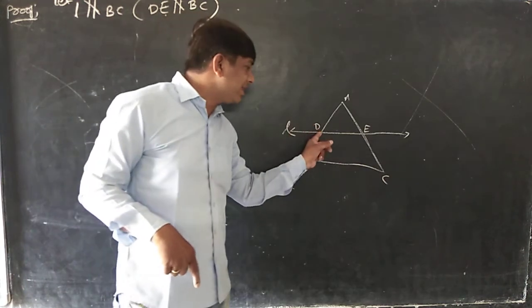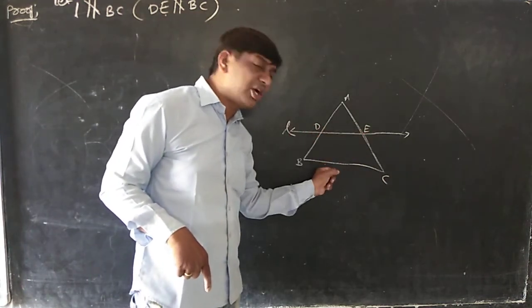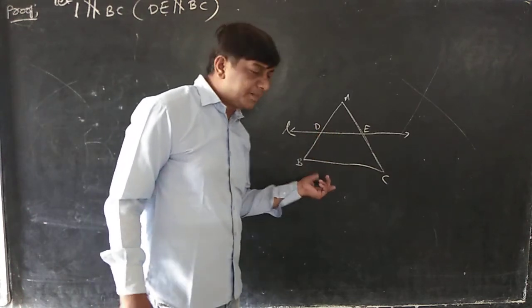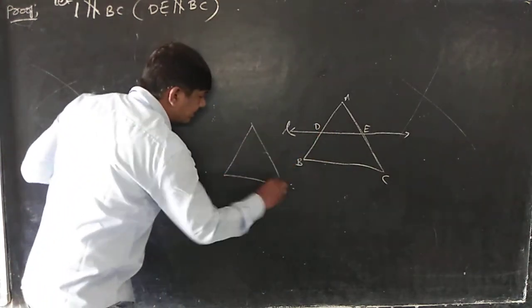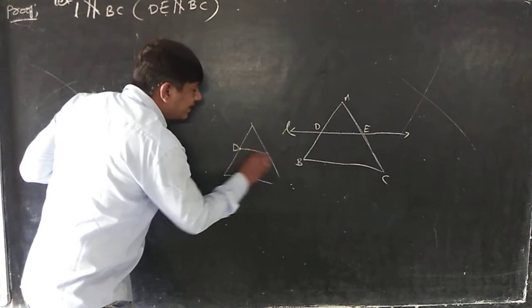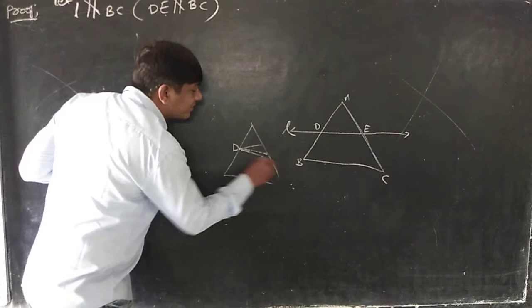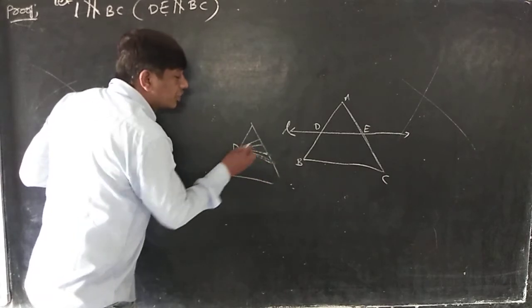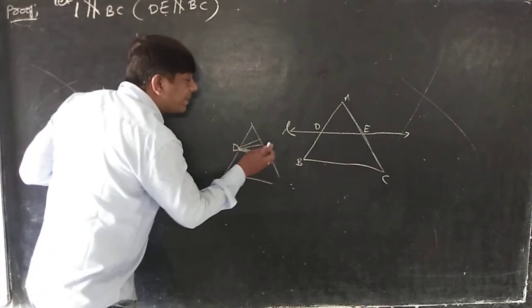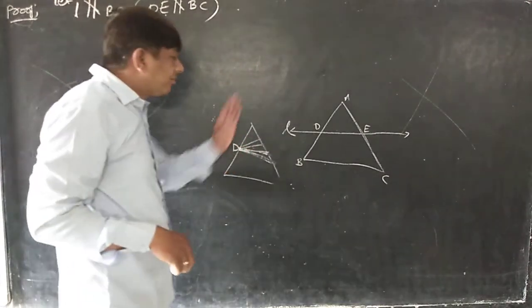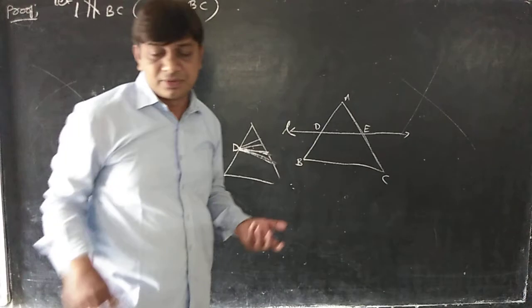Among those lines there will be one line which is parallel to BC. If this is not parallel, some other line from D point parallel to BC we will get.